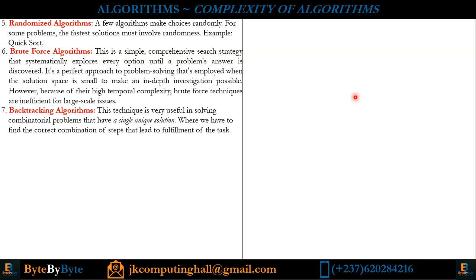The last one, backtracking algorithms. This technique is very useful in solving combinatorial problems that have a single unique solution, where we have to find the correct combination of steps that lead to fulfillment of the task. That we call backtracking algorithms. Very important.